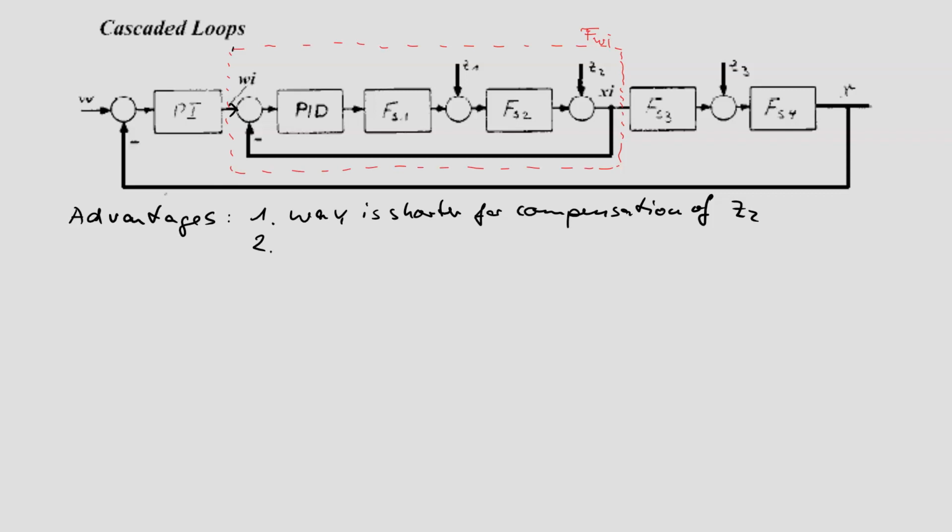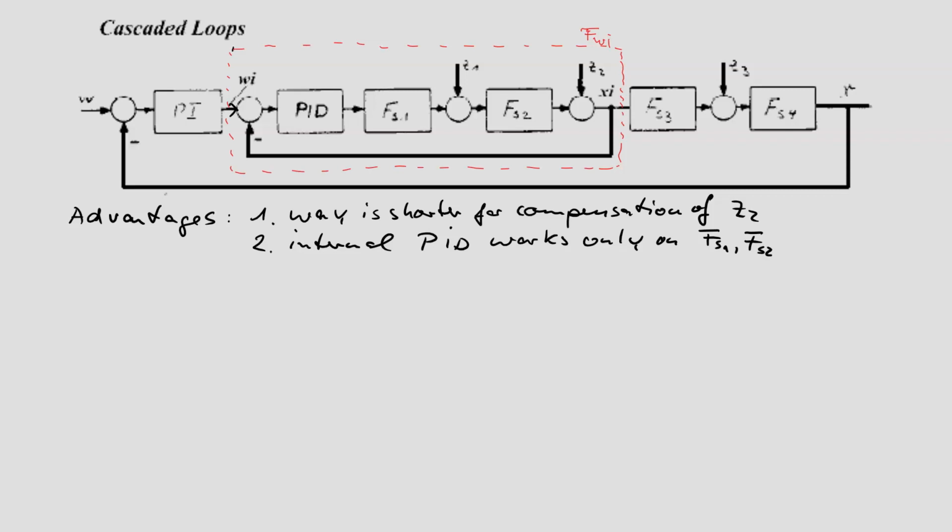Second, the internal PID works only on 2 parts of the process instead of 4, on FS1, FS2.